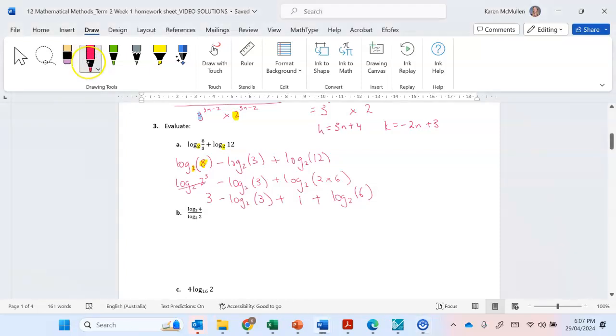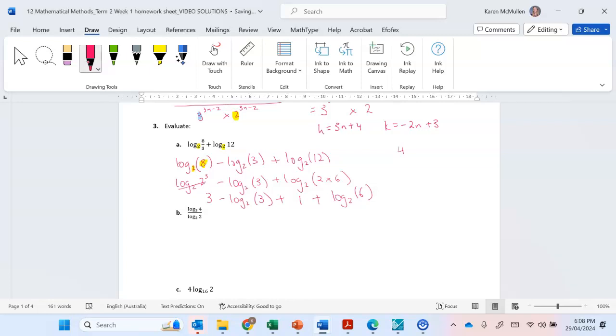All right, I've just looked at the solution and I've done a completely different approach to what that question has done, but I'm going to keep going because I know I'm going to end up with the same answer. Okay, so we've got 3 plus 1, which is going to give us the 4.